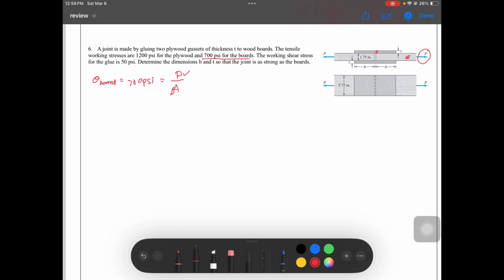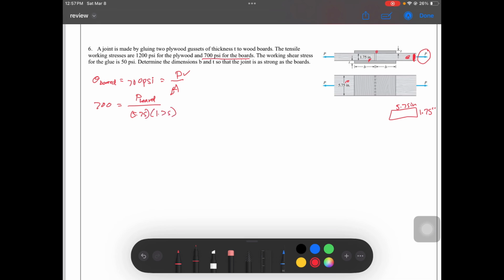So, ano ang area niya? Siyempre, yung cross-section niya dito. Yung rectangular cross-section niya dyan. So, height niya is 1.75 given dito inches and width niya is given dito 5.75 inches. So, 700 psi is equal to P ng board over area na 5.75 times 1.75.